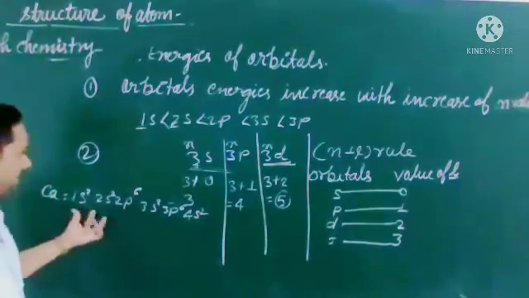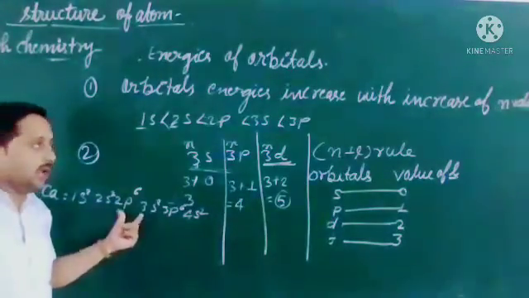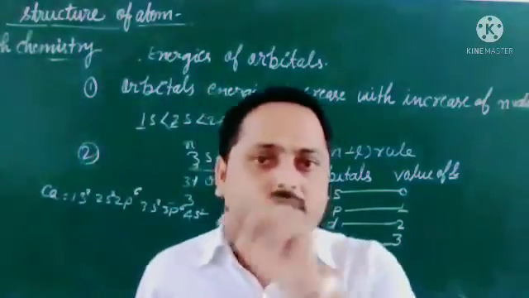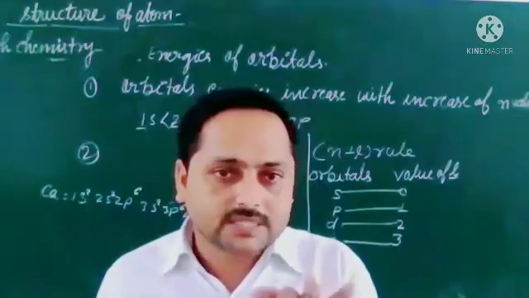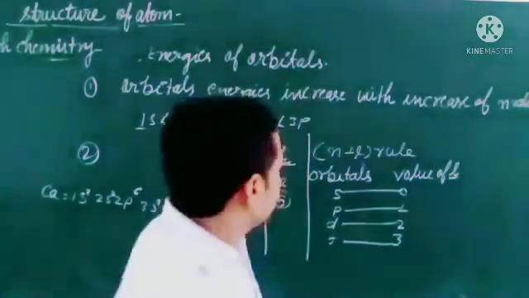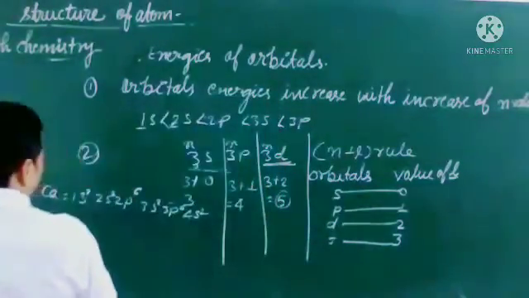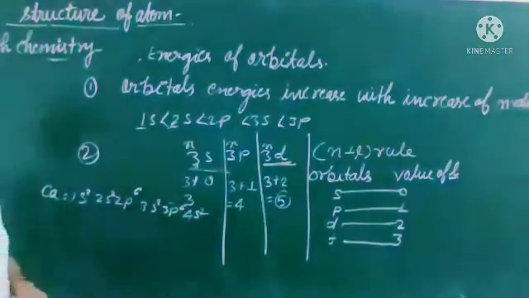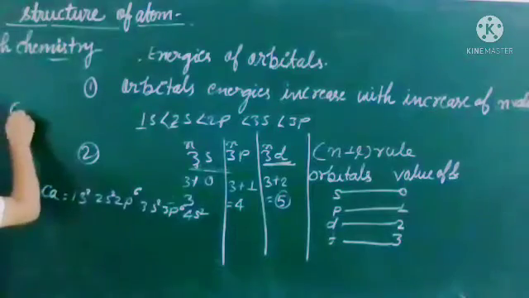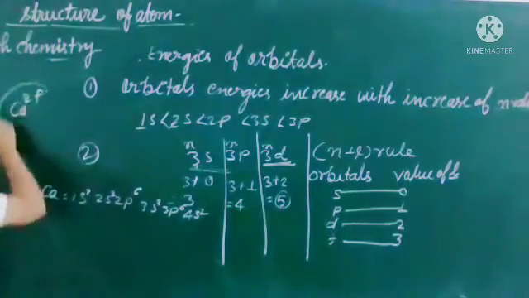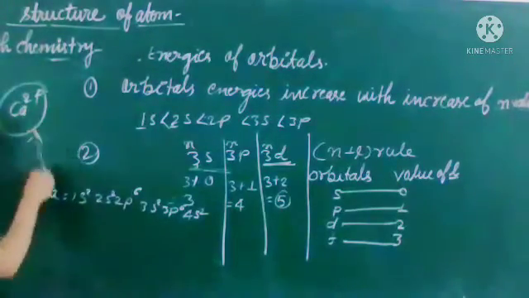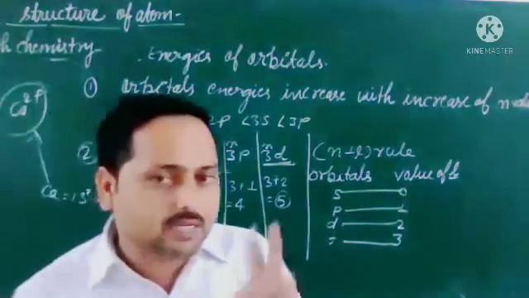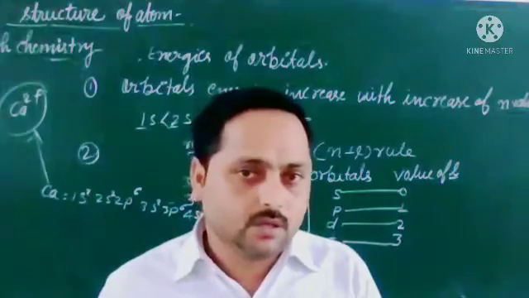We have just written the calcium electronic configuration. But if we are going to write the calcium ion electronic configuration, Ca2+, this atom has lost two electrons. From where will the electrons be removed?